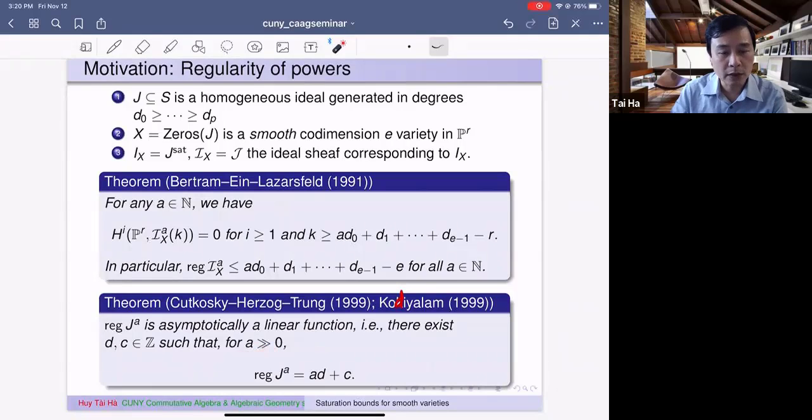So if one wants to get some kind of estimates for the regularity for small powers a, that's not an easy task. So a question that I was interested in is to find maybe not the exact linear form, but some sort of linear bounds for the regularity of J^a that somewhat resemble this linear bound here, but work for all powers a.